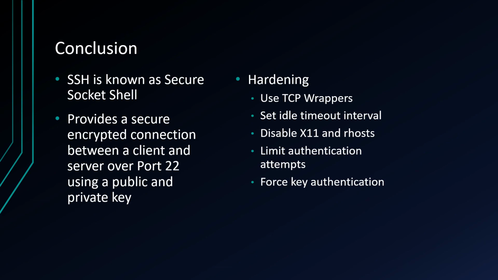And then, of course, to prevent brute force attacks, we want to limit authentication attempts to whatever value works best for you, but it's recommended to keep that kind of low so that people can't brute force into your client or server. And then it's also important to force key authentication by disabling password authentication because, once again, passwords are going to be a lot easier to brute force than a public key.